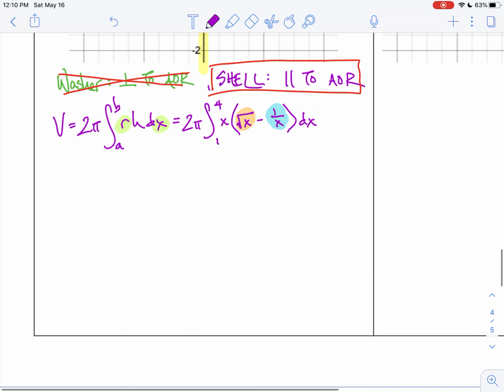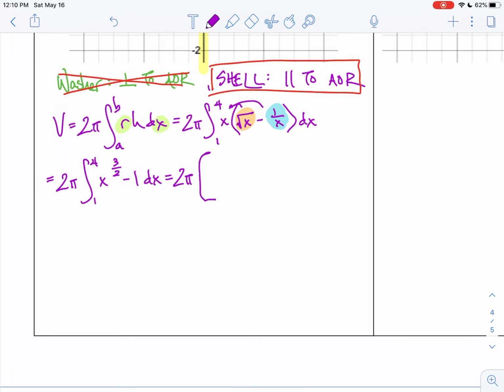All right. Now let's distribute and simplify so that we can take an integral. 2 pi, the integral from 1 to 4 of x to the 3/2 minus 1 dx equals 2 pi. Integral of x to the 3/2 is 2/5 x to the 5/2 minus the integral of 1 is x.